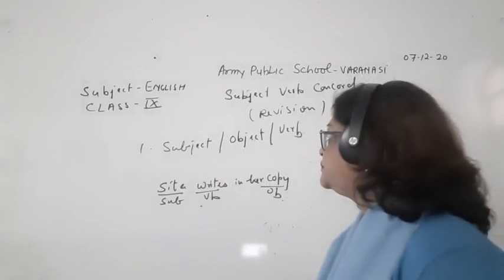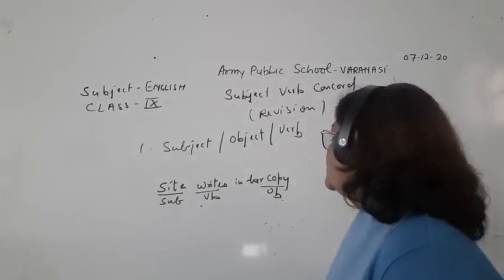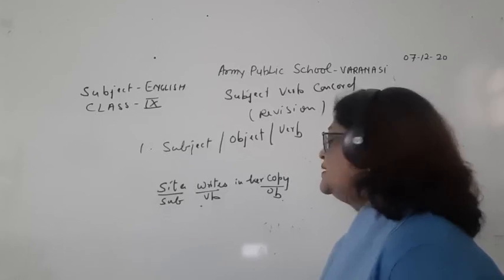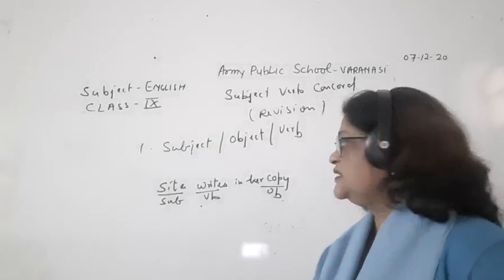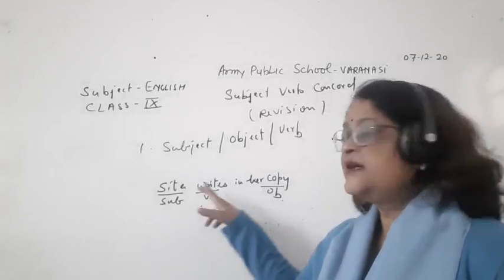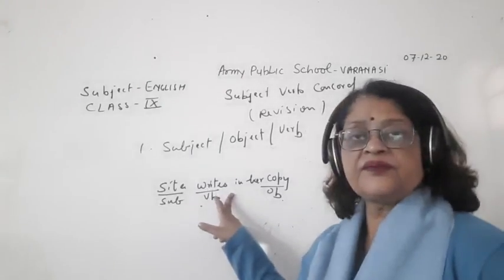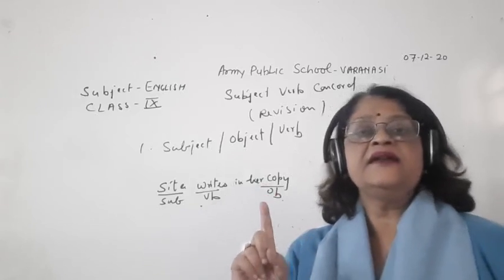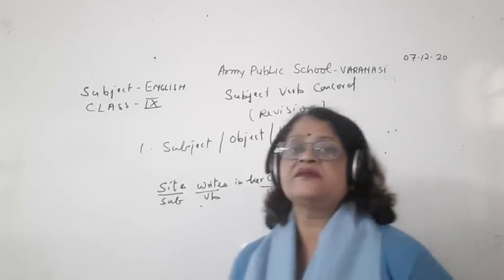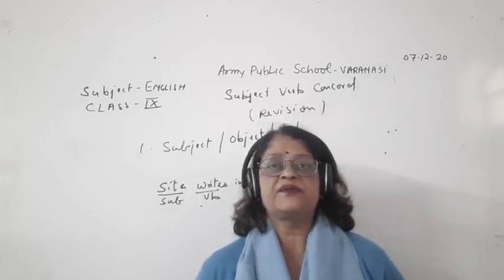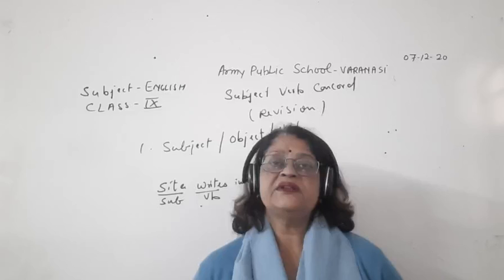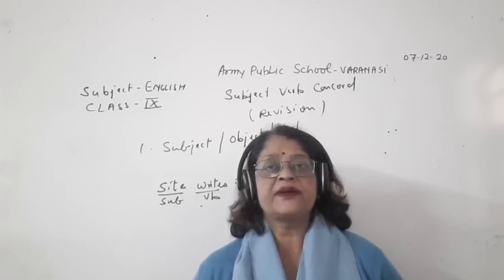Now, subject, object, verb. Sita writes in her copy. So you can see the singular subject is here and writes is a singular verb. So children, rule number 1 is that with a singular subject we use a singular verb. What is rule number 1? With a singular subject we use a singular verb.